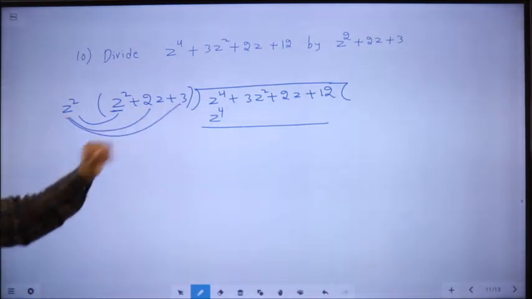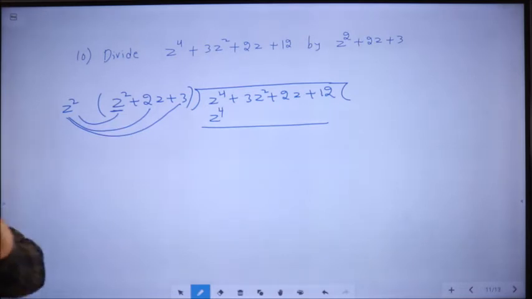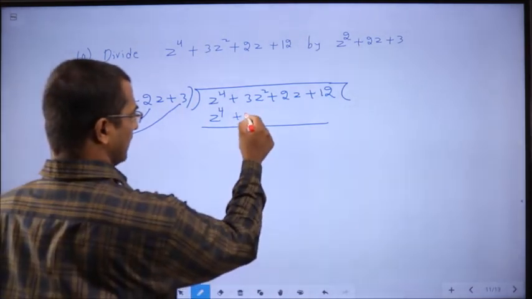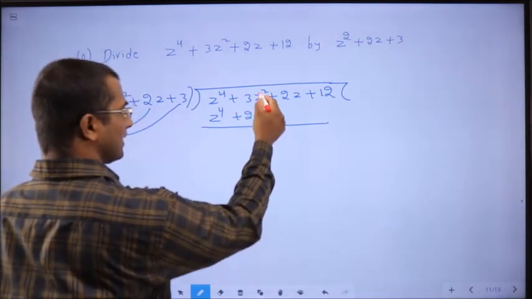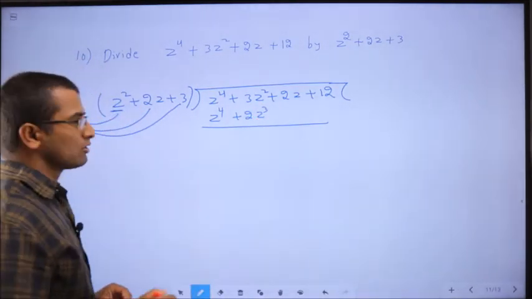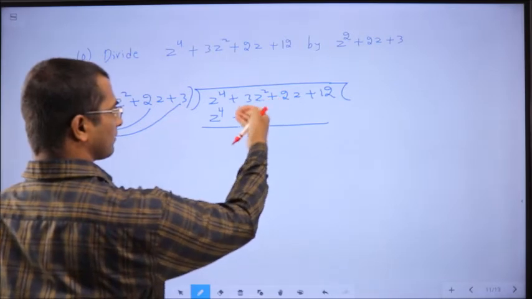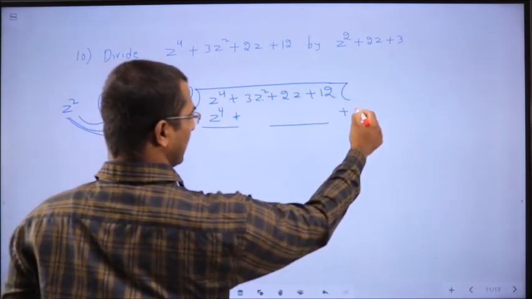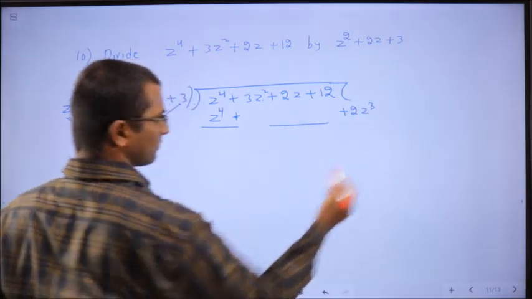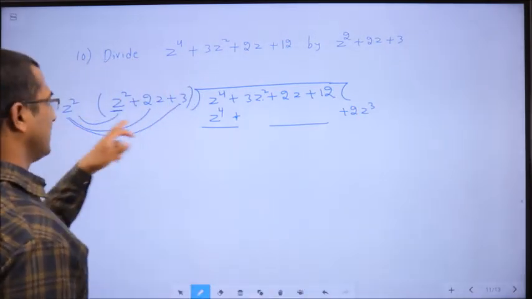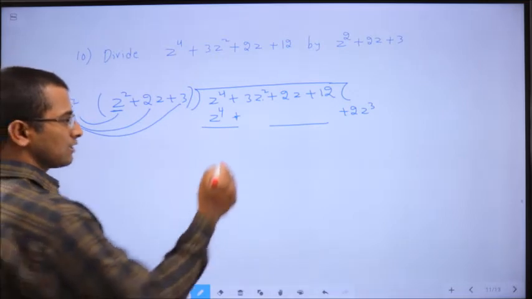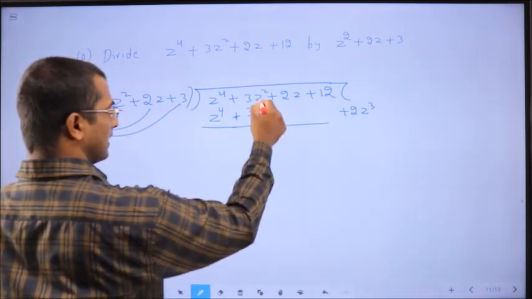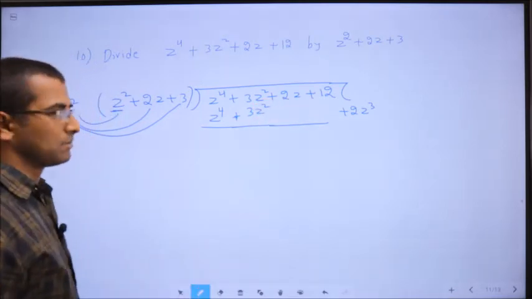So z square into 2z will be 2z cube. Okay. Now see, are these two like terms? No. So don't write 2z cube here. Write 2z cube at a separate place. Next, z square into 3 will be 3z square, that you write here. Because z square and z square both are like terms.